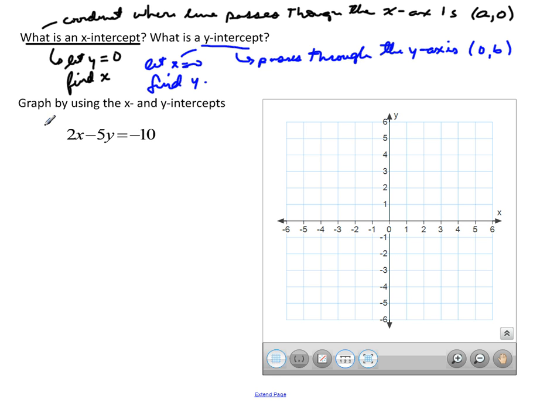So we're asked to graph this equation by using the x and y intercepts. Well, actually, using x and y intercepts is very, very easy. Again, if we want to find a y-intercept, the key is to let x equal 0. Now, if we want to let x equal 0, how do we do it?